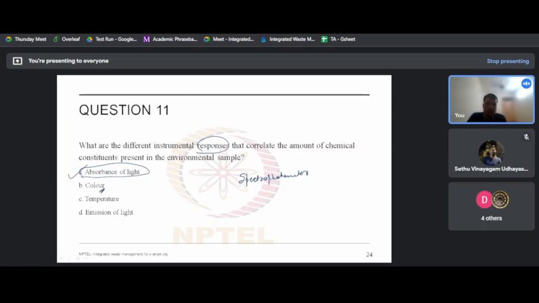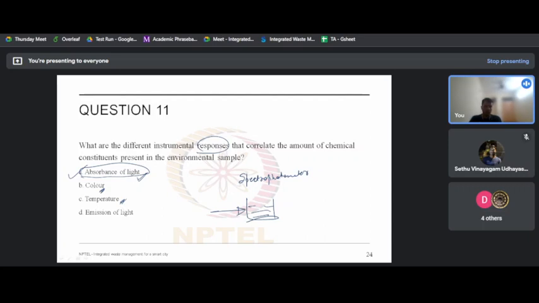It is a type of an indication. We are focused on the absorbance, how much absorbance will happen. The color is the result of that. Temperature is not one of them. Another will be emission. So in some of the tests, it will be focused on how much light is coming out rather than how much is absorbed. So considering this as the waste sample, we'll pass light to this.